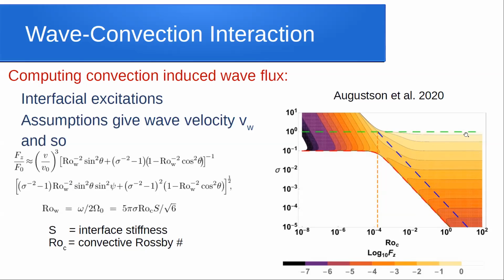So the rotating flux to the non-rotating flux is basically identical in this region. But as you transition below a critical Rossby number, where your wave Rossby number becomes less than 1, you start to decrease that flux significantly, by orders and orders of magnitude for these interfacial waves. So they become pretty inefficient at transmitting via interfacial waves.